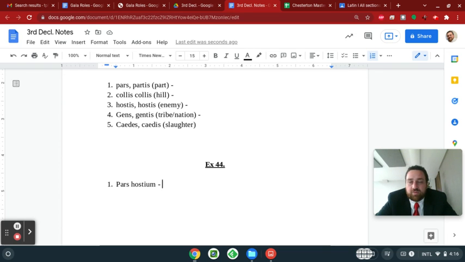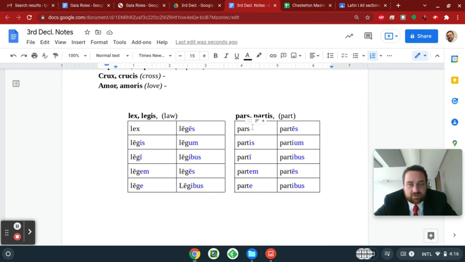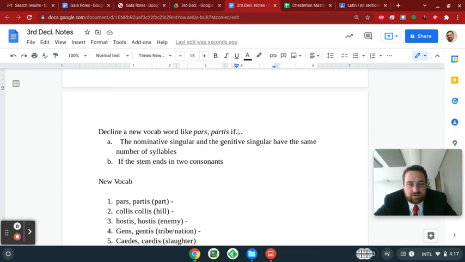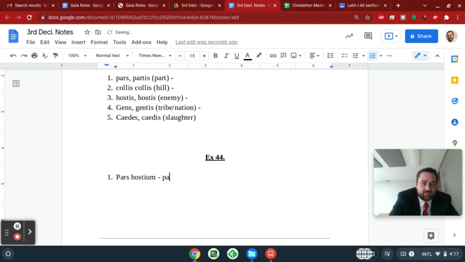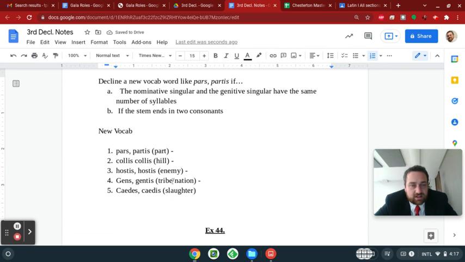And have your vocab open as you do this, because it's going to be using the new vocab right from the list. All right. So pars. Oh, that's the nominative of part. So it just means part. Okay. So part hostium. So what I want to do is I want to locate the word that hostium is a part of, and it's hostis.